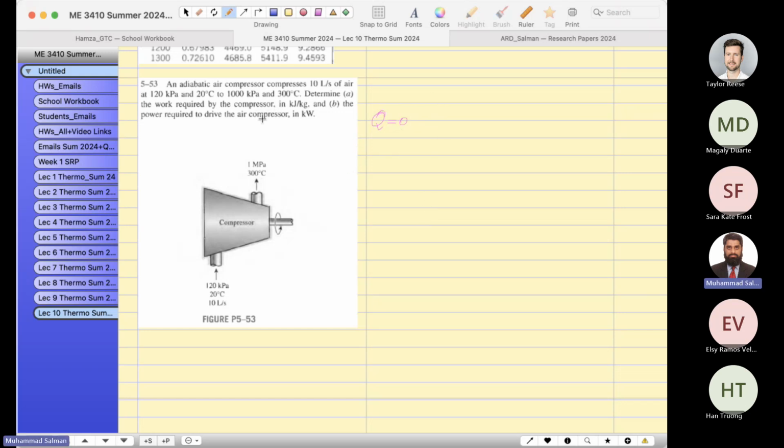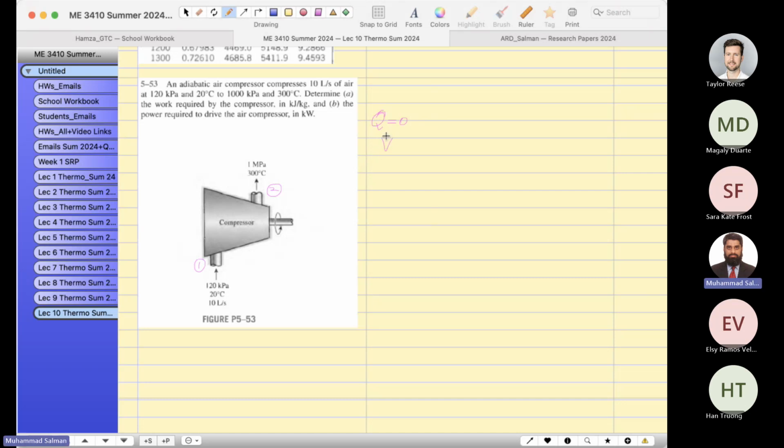And now this is an adiabatic air compressor. This is the entry. This is the exit. And the mass flow rate is not given, but we have the volume flow rate given to us.